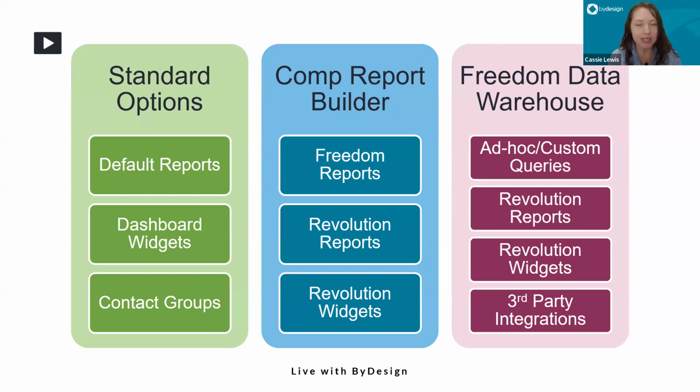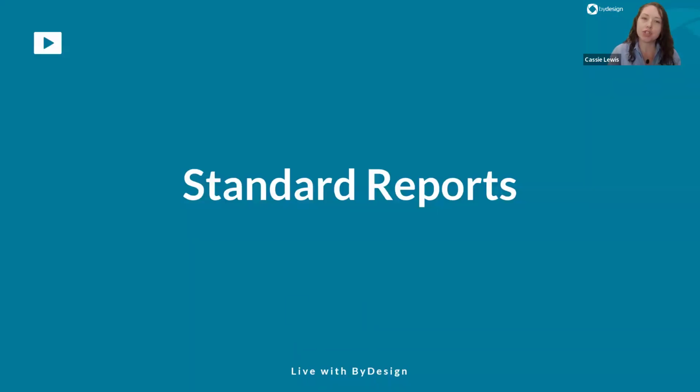So if you're not using this, this is going to be very interesting for you. For those of you who are not on our platform, know that this is an option to all of our clients. And then the final one that I will cover is the Freedom Data Warehouse, which is more of a self-service query type of interface for you. But we're going to start out with those standard reports.